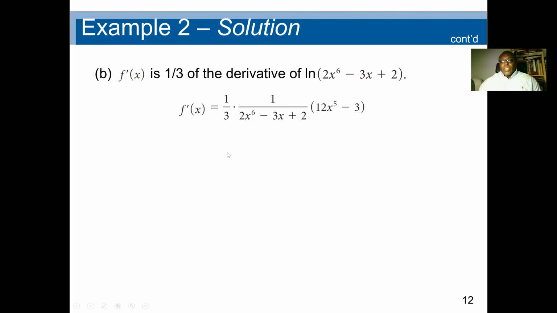The derivative will give us 1 over 2x to the power 6 minus 3x plus 2, then the derivative of 2x to the power 6 minus 3x plus 2. So this will give us 12x to the power 5 minus 3. And that's what we have here.